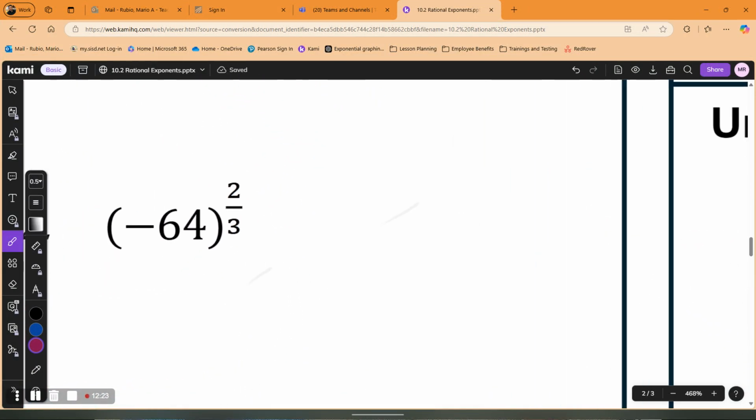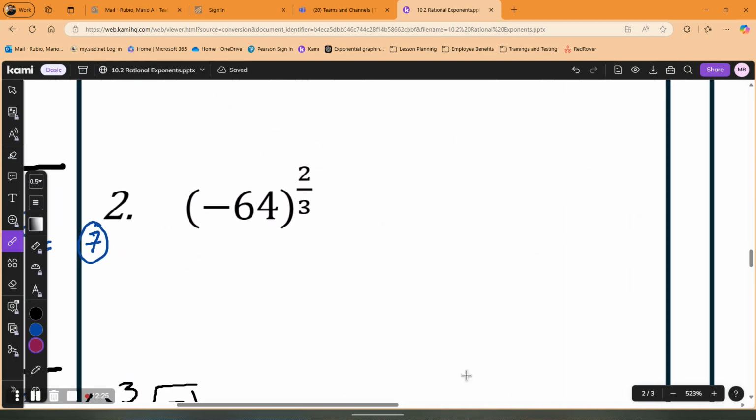Okay, let's take a look at number 2. This is going to be like case number 2. And the reason I know it's case number 2 is because I have a number other than 1 as the numerator. So for case 2, that says we keep this the same.